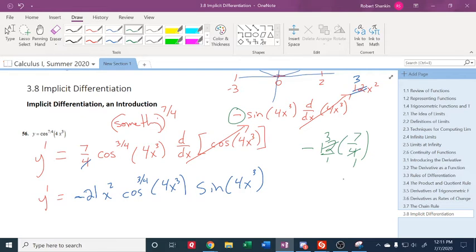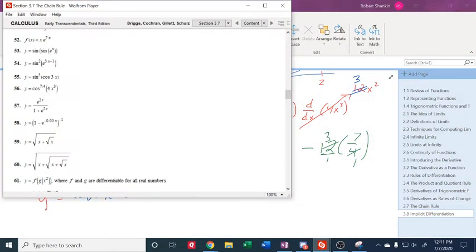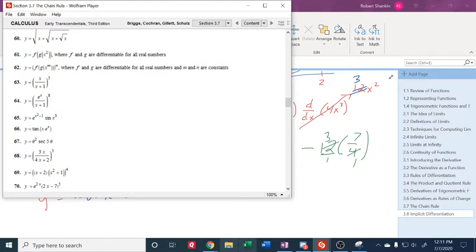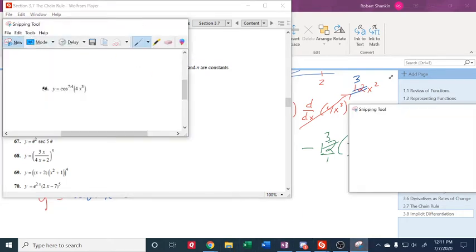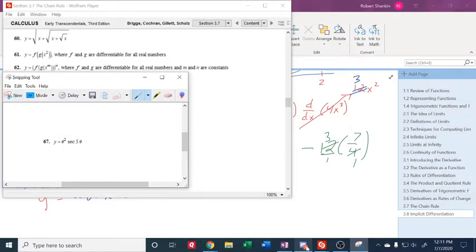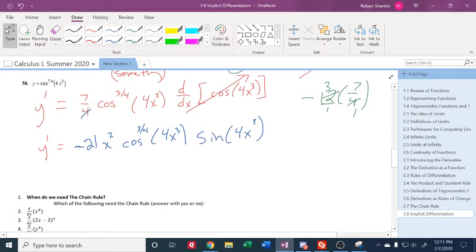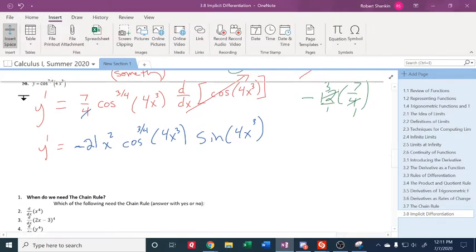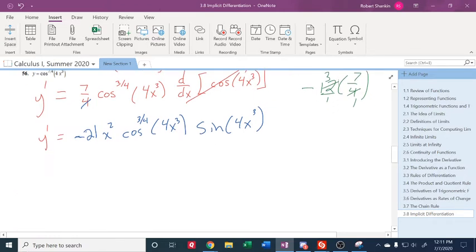All right. So y prime, or dy d theta, means the same thing: the derivative of the output with respect to the input variable.